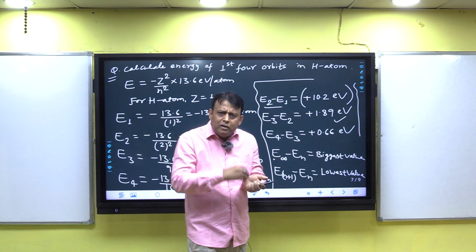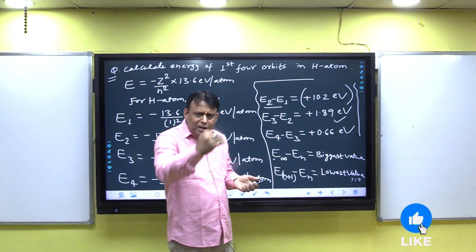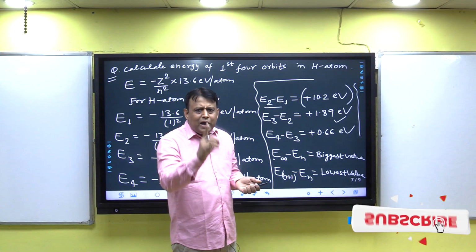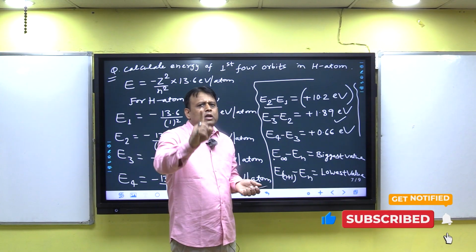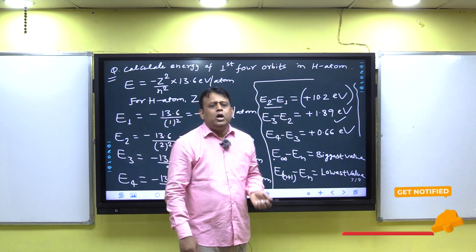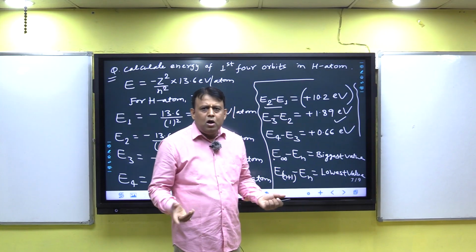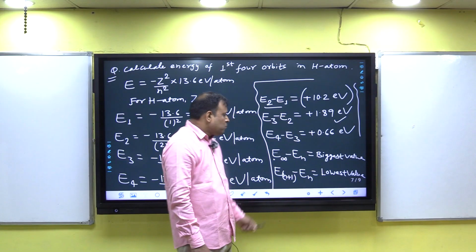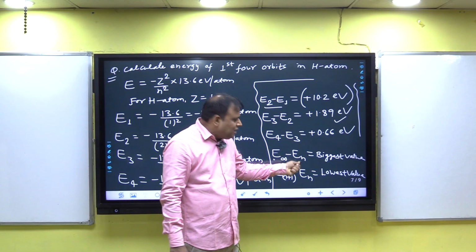Again for the second orbit: E3 minus E2, E4 minus E2, E5 minus E2, and E infinite minus E2. The E infinite minus E2 gives the highest value of change for the second orbit. So always keep in mind, E infinite minus En.